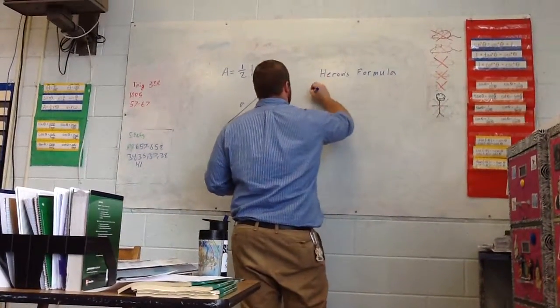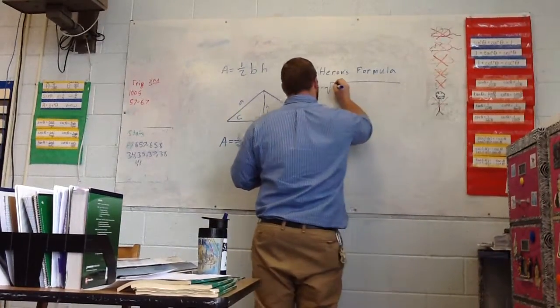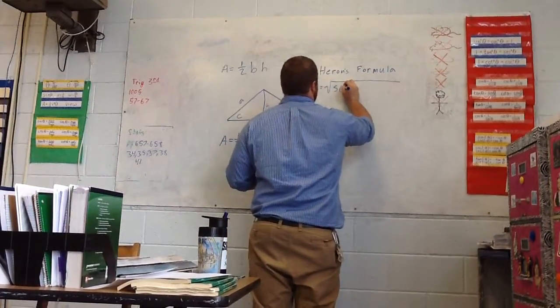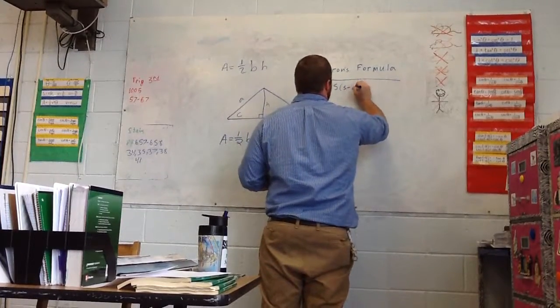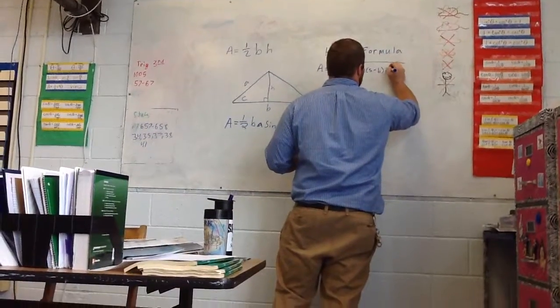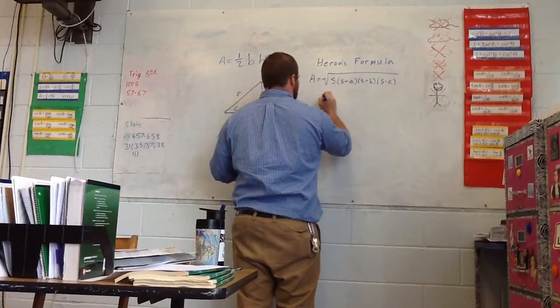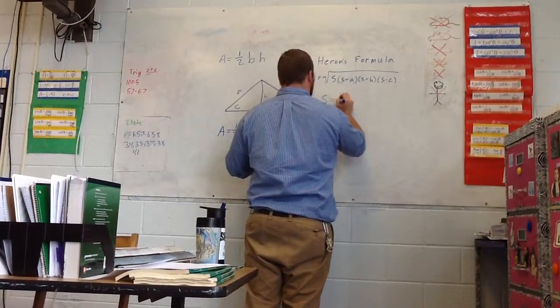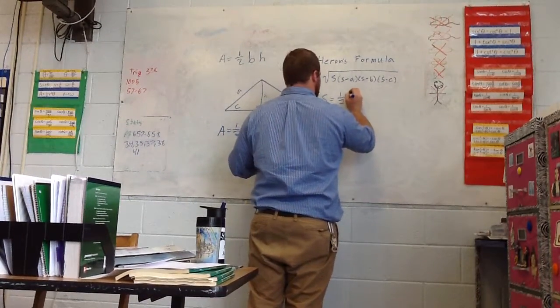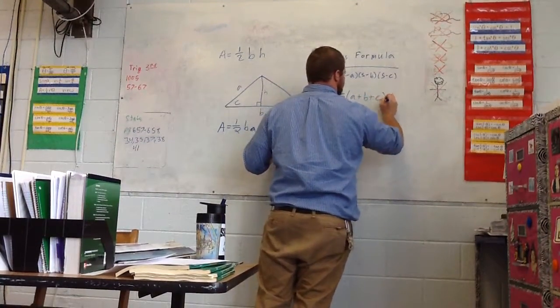Alright, it's the area equals the square root of S times (S minus A) times (S minus B) times (S minus C). Alright, and S equals 1/2 of A plus B plus C. Right?